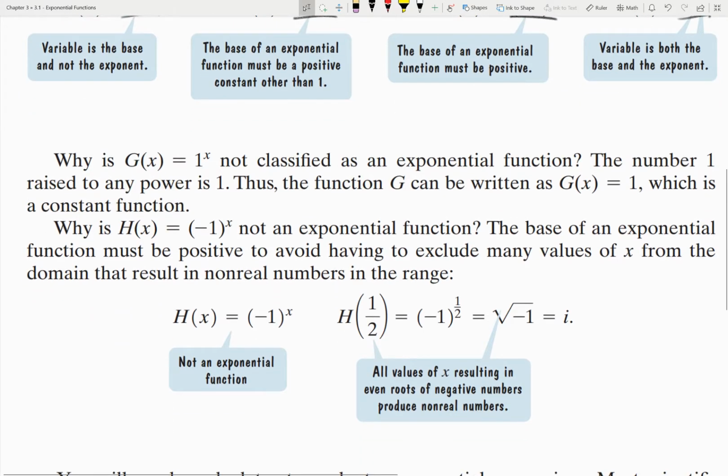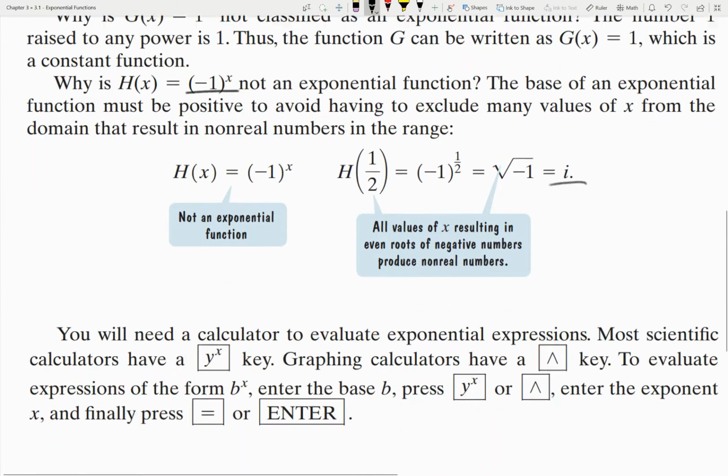And this is from our discussion above: if you have -1 to an x power, it's not an exponential function because you're going to get an imaginary number when you take a fractional exponent.